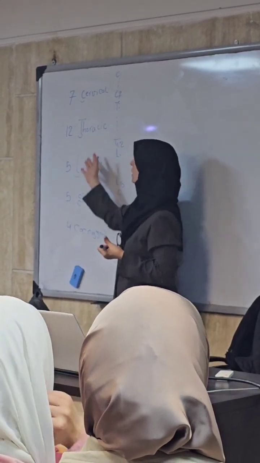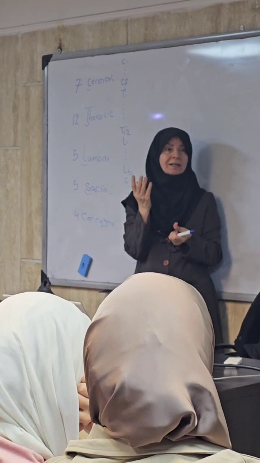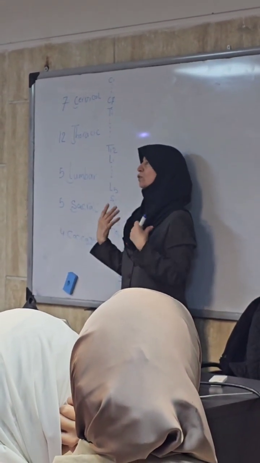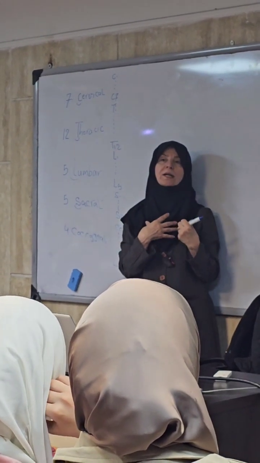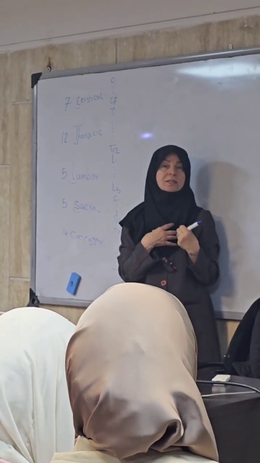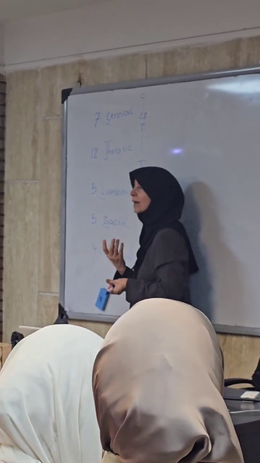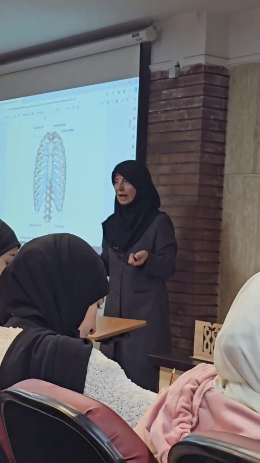The vertebral column supports and protects the spinal cord. The thorax supports and protects some of the main organs inside of the thorax, such as the lungs, the heart, and the great vessels. Do you get that? Do you have any question?